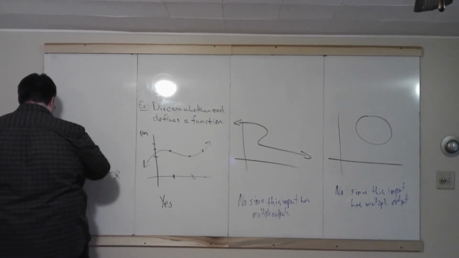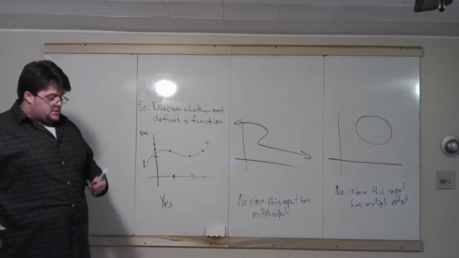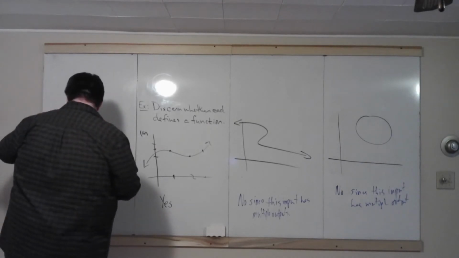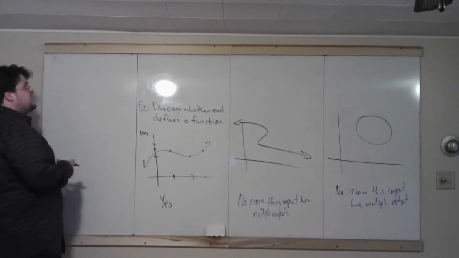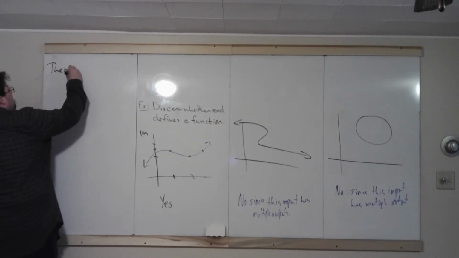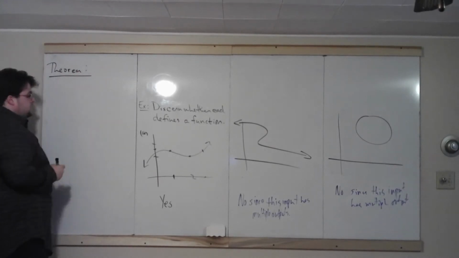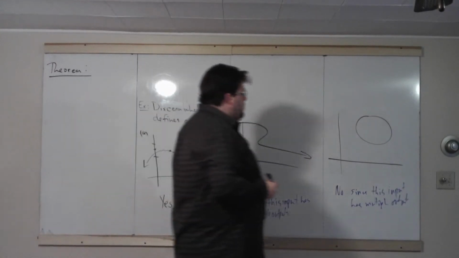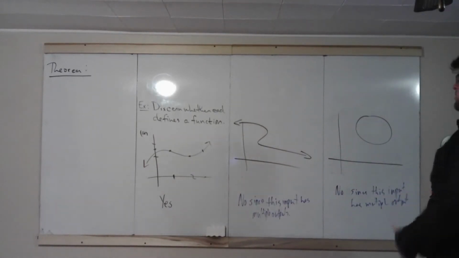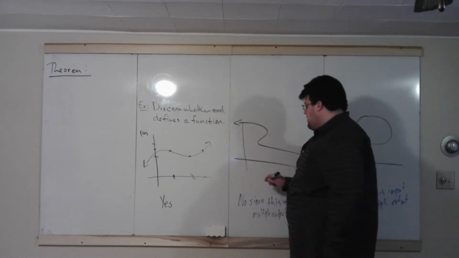In math, we have words for large results. A theorem is a large, important result. A corollary is a small consequence of a larger theorem. Theorem. This theorem is going to have a name. But if we want to determine whether something is a function, we could go through the input-output argument. What else could we do? Let's look a little more closely at what went wrong here.